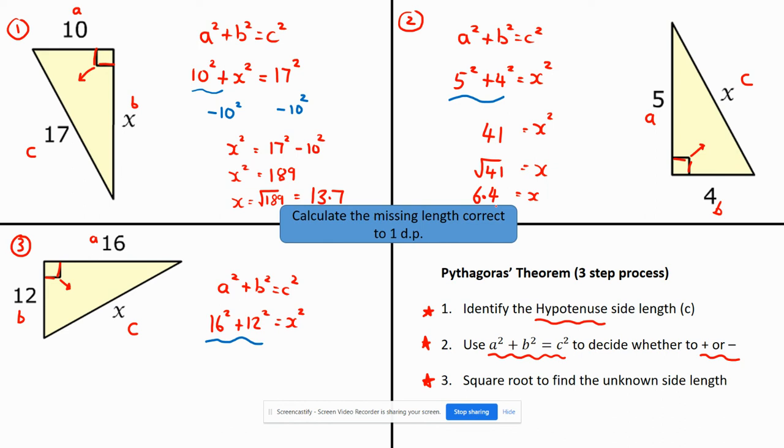And the final one, we're getting 16 squared plus 12 squared is 400. Again, step 3, don't forget, we want to work out the square root of 400. That comes out as a nice value of 20. We'll put 20.0 down to be perfect. So that's the 3-step Pythagoras method. Step 1, step 2, step 3. Thanks for watching, and feel free to come back to this video in the future.